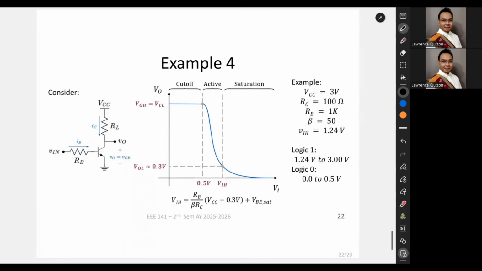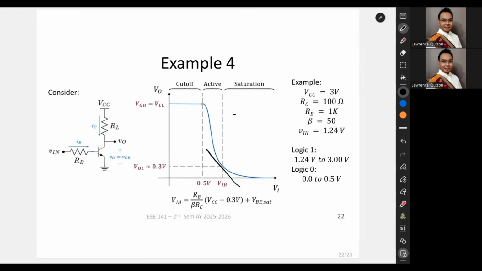For this next example, let's see where the VIH, VIL, VOH, and VOL are in the basic CE amplifier. VIH is typically found in the border between active and saturation.